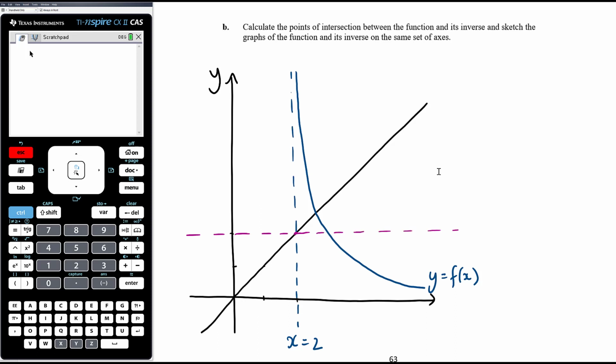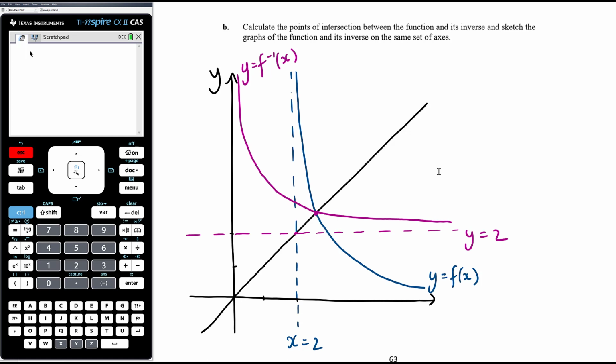Your graphs should intersect on the line y equals x as well. So when I draw in this graph, let's try that again. I want to make sure that they're actually meeting on that line y equals x. So this is the inverse, and that's y equals 2. Sorry, it's a slightly crooked asymptote there.